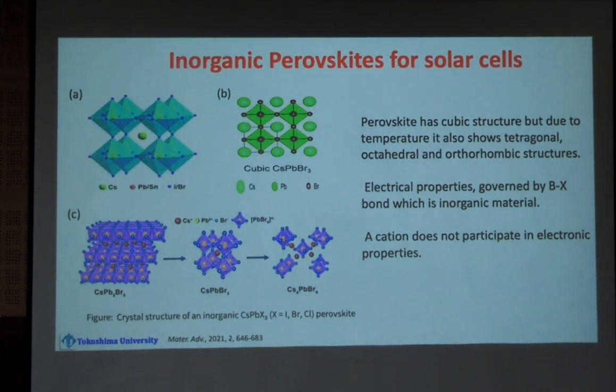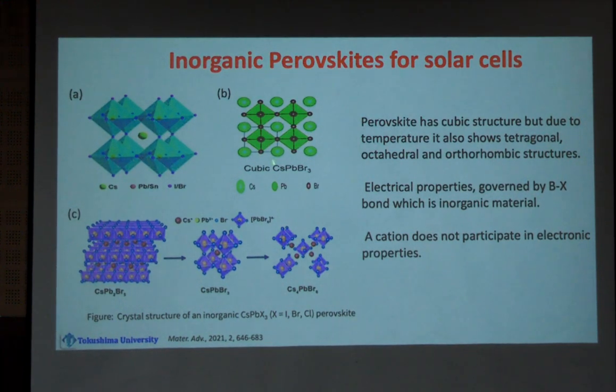What are the possible candidate materials for solar cell? These days researchers are working on perovskite material for solar cells. Perovskite is basically a cubic material.